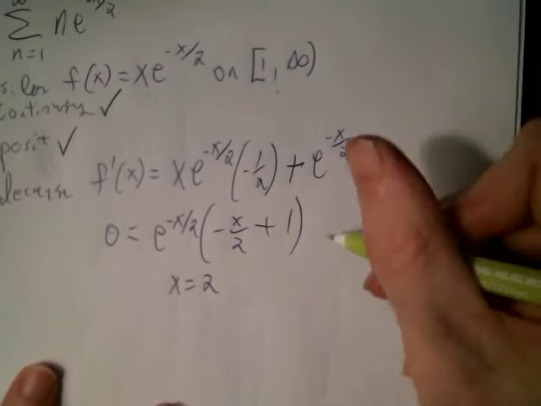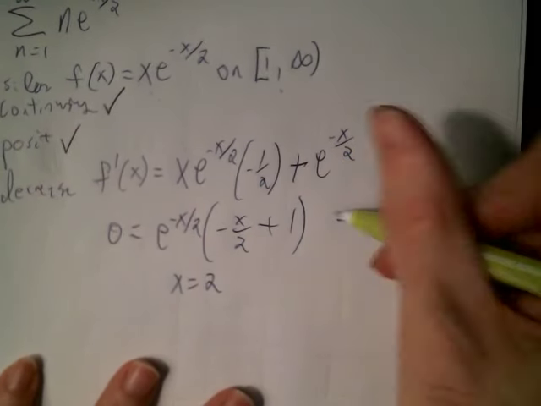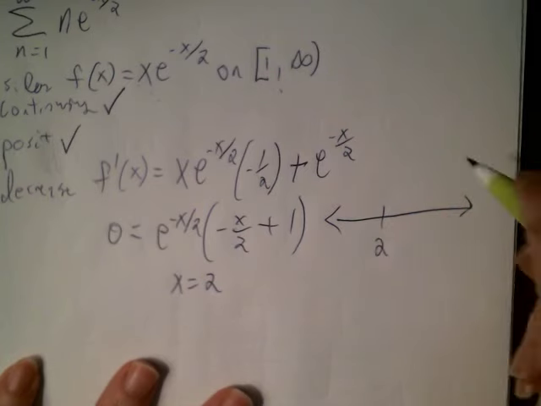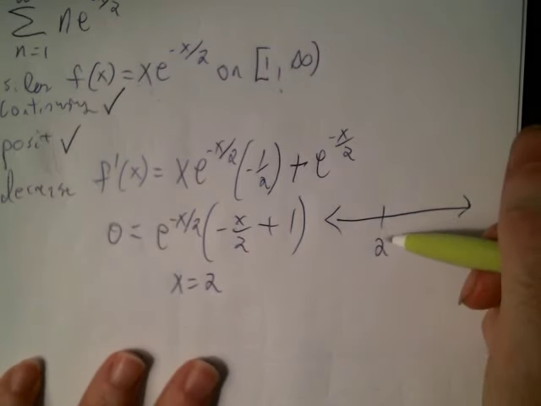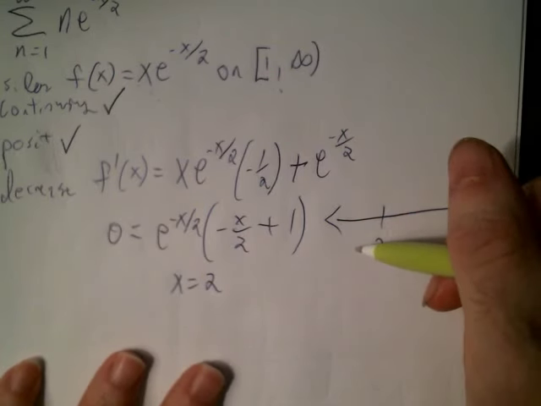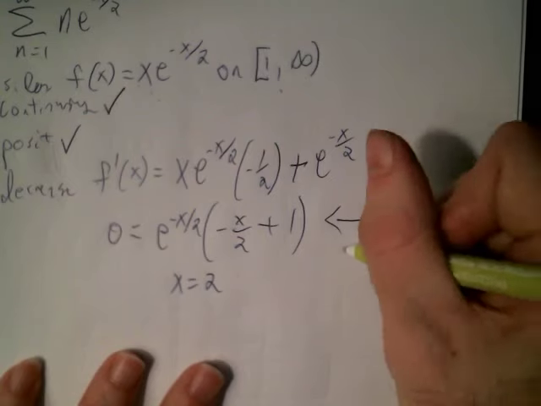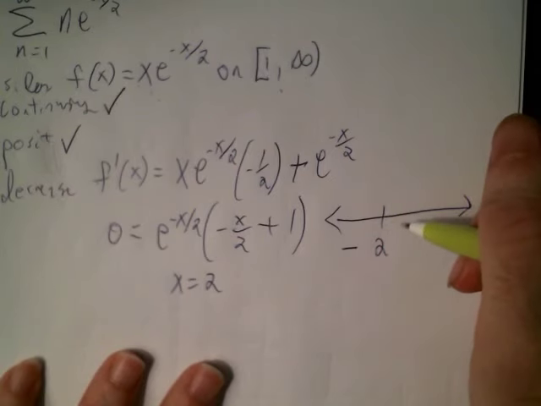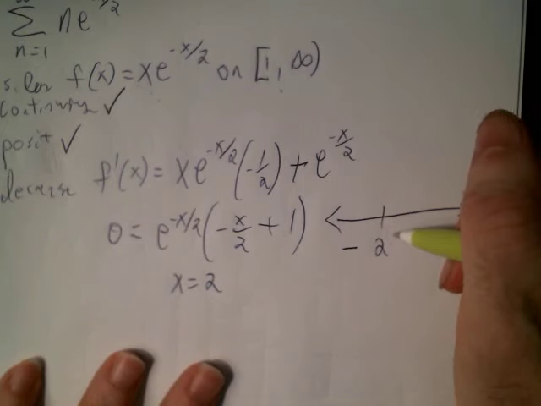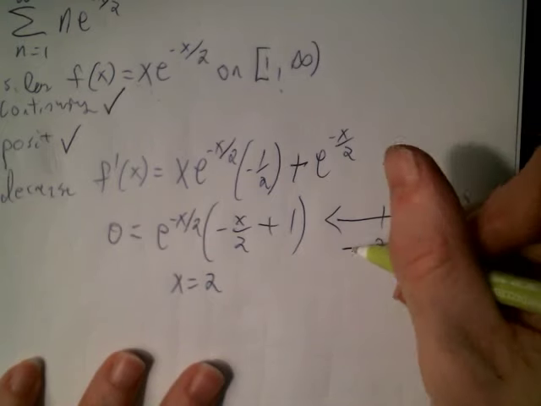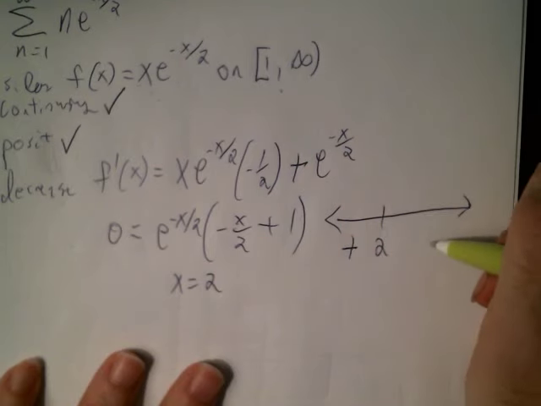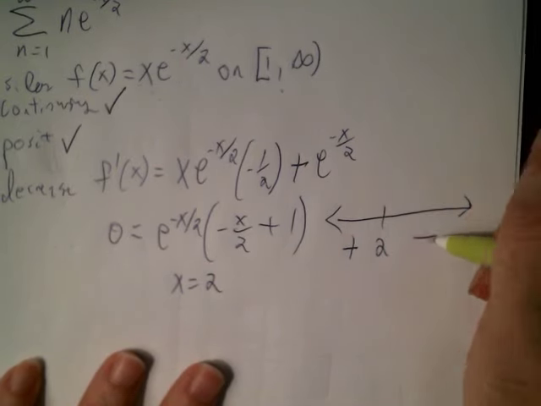That's our critical number. You do your number line. Here's 2. To the left of it, if you put in like 0, it'll be positive. Try 3 over here, and then it's negative.